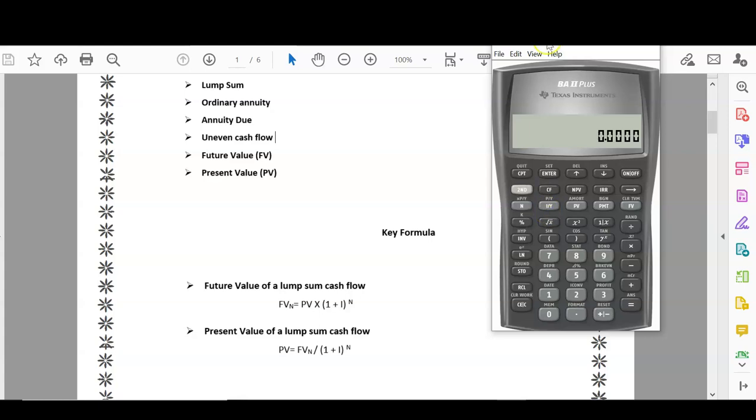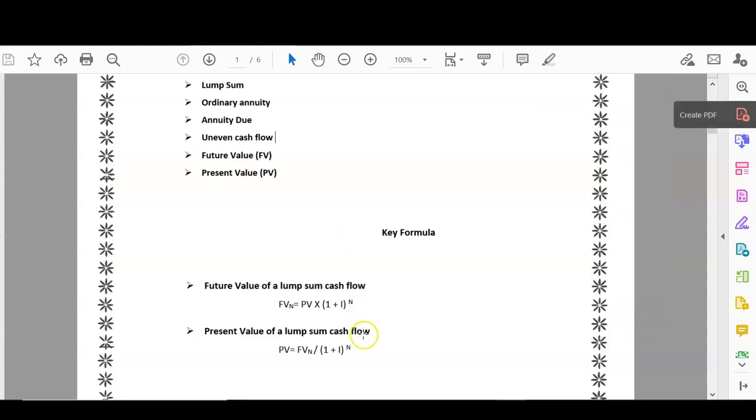Okay, in today's class, we're gonna continue to work on future value and present value for annuities or uneven cash flows. So we're gonna do present value or future value of other types of cash flows besides lump sum.